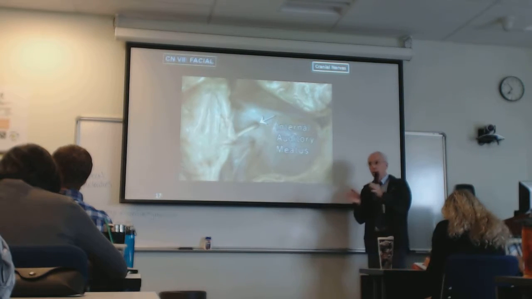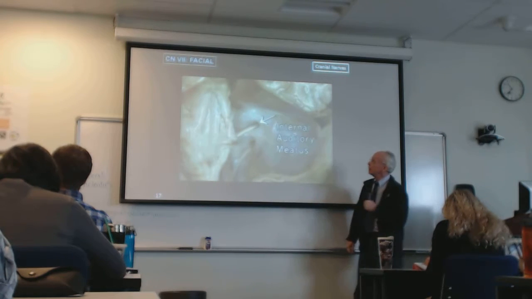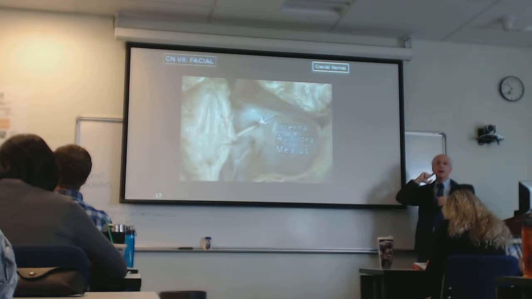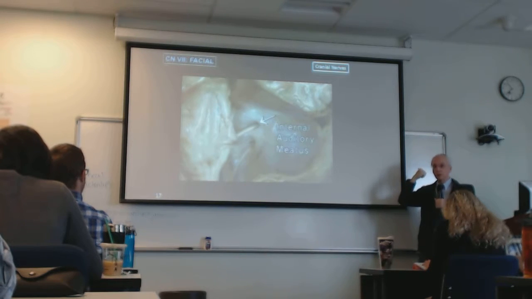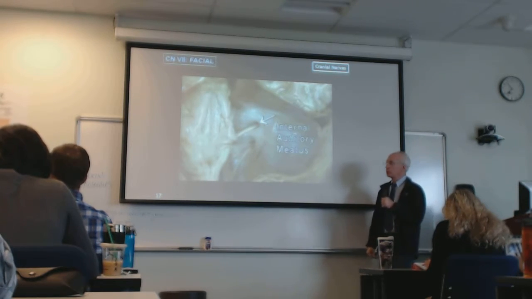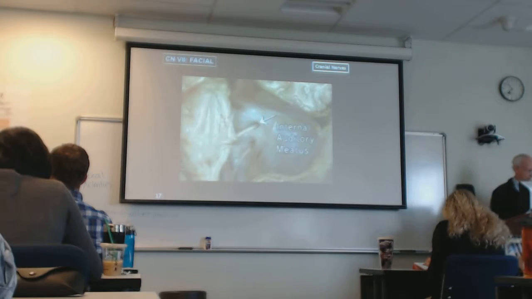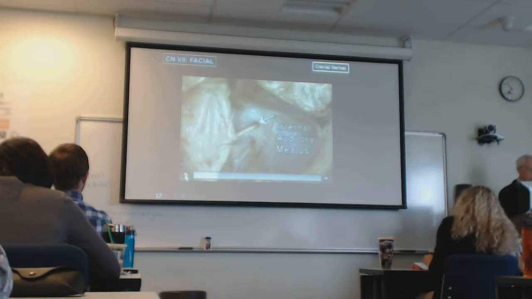And then they branch apart. And then 7 will emerge just under the ear here at the stylomastoid foramen. Of course, 8 goes to the vestibulocochlear system. But they're bundled together initially. And that's what he's talking about here, the internal auditory meatus or internal acoustic meatus.